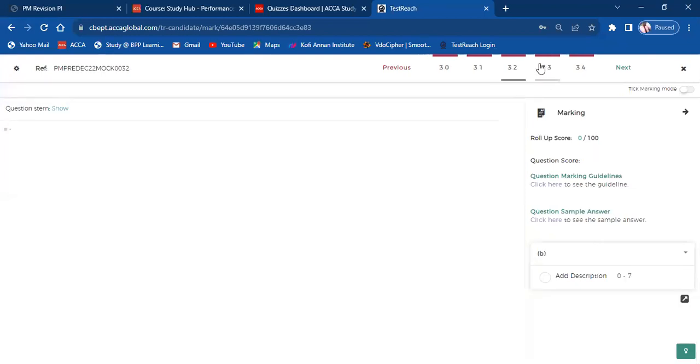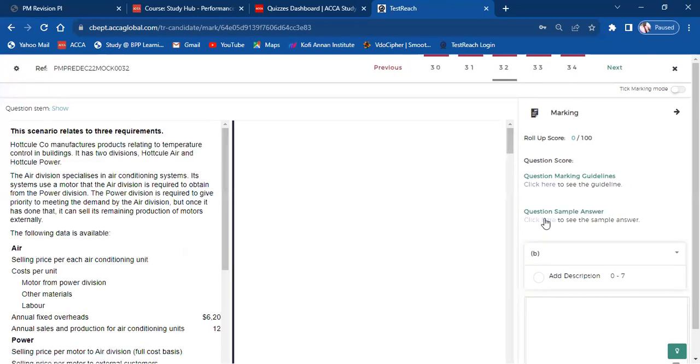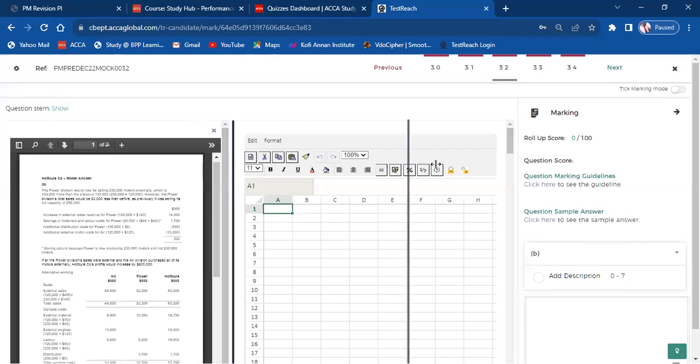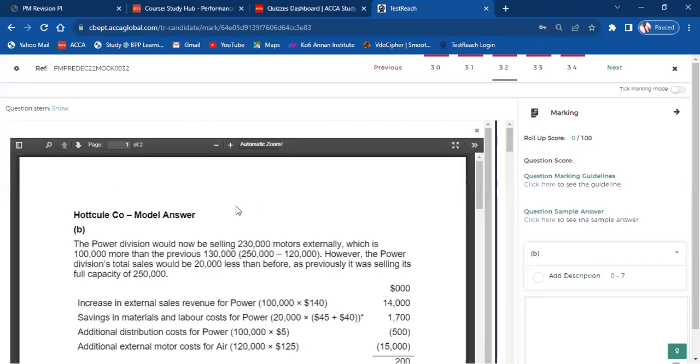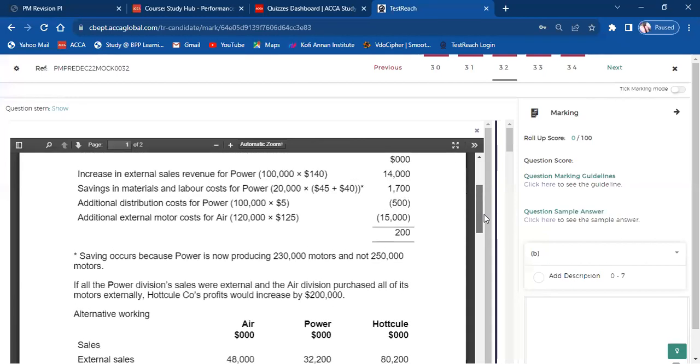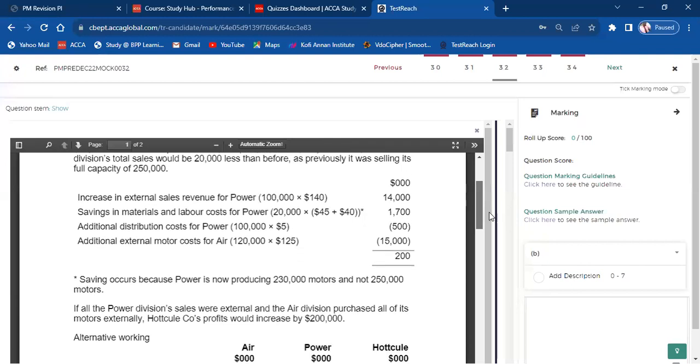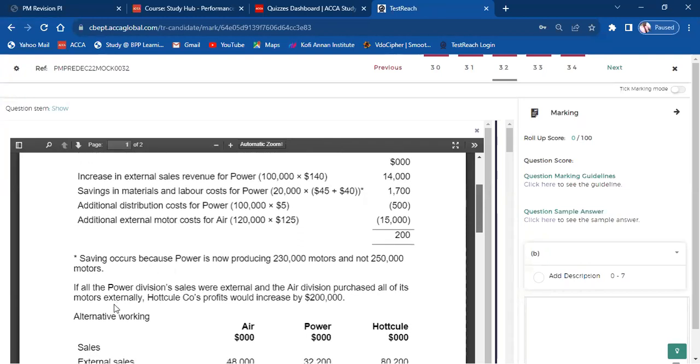Question 32. That was the one I wanted to confirm something from. Click here to see the sample answer. Control P, print it or save it. Great. Saving occurs because power is now producing. So my assumption is right.